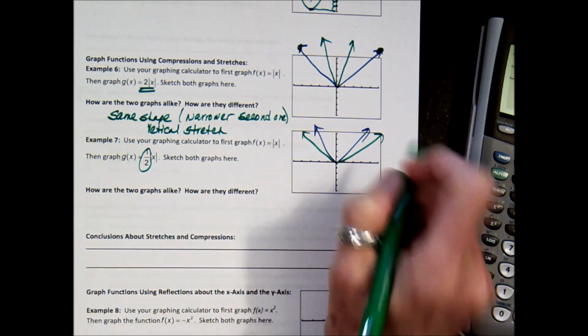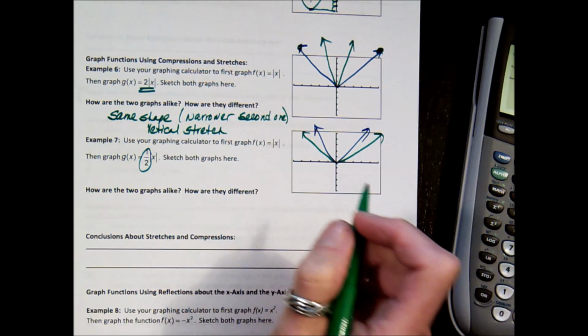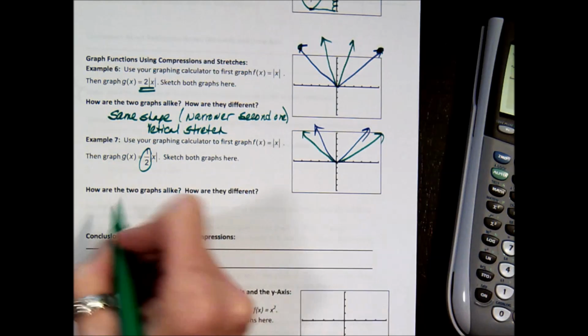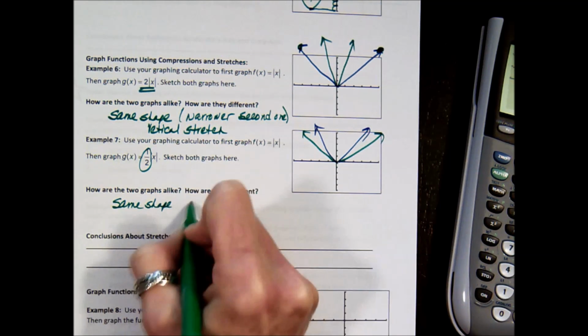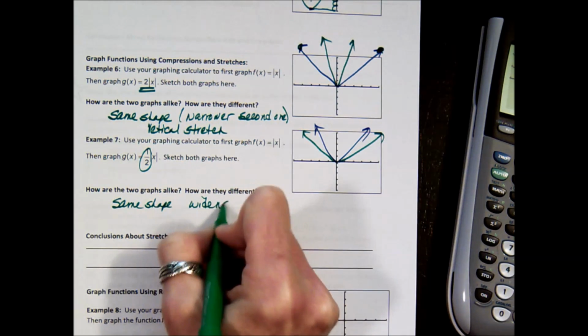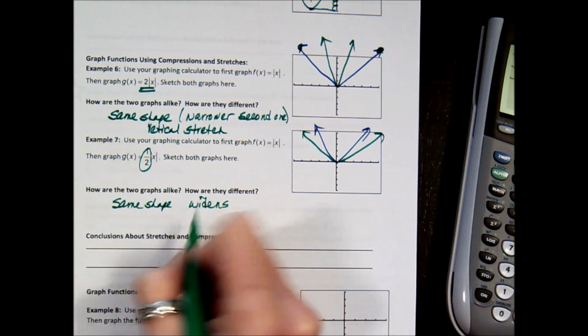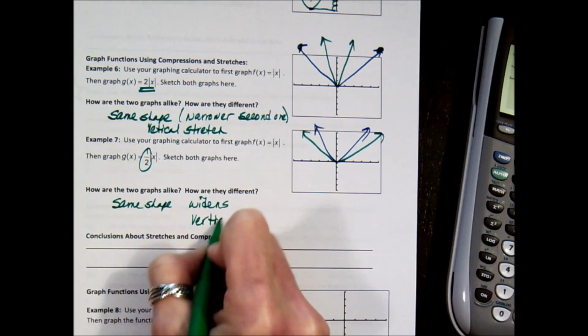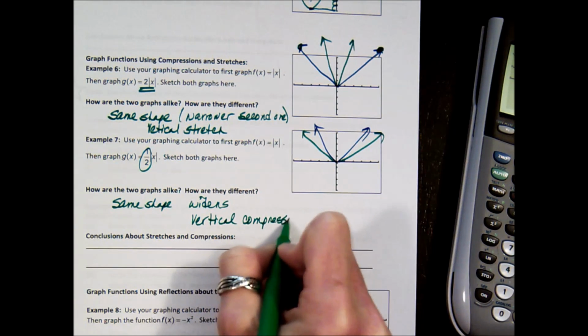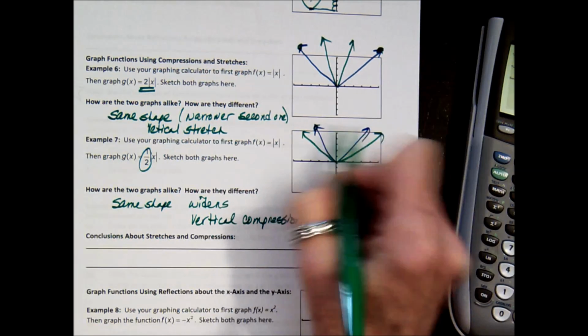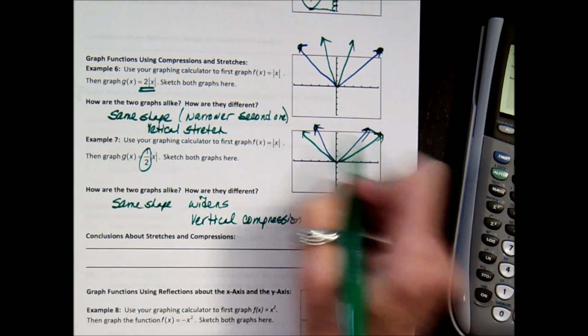So again, it's basically the same basic shape, but it is wider, or it widens that graph. That is called a vertical compression. And let me tell you why it is compressed. It's like I went up here on these points and I compressed them, pushed them down.